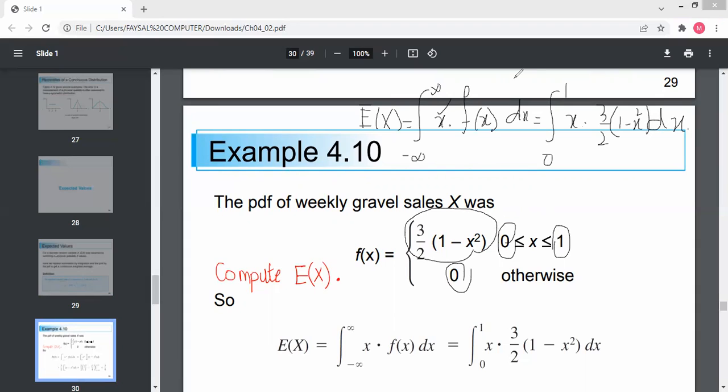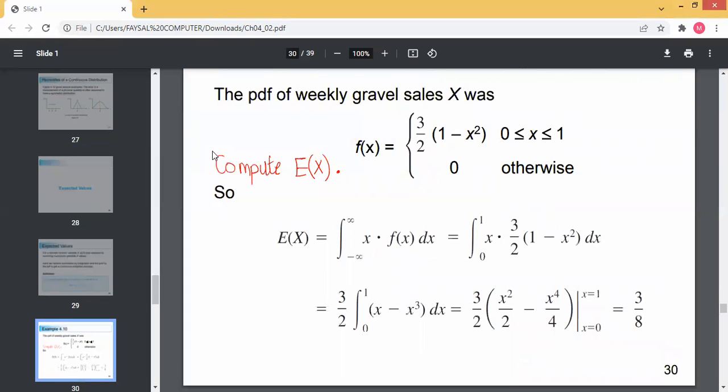So this is the method to represent my function in E of x, the expected mean value. Now 3 upon 2 is basically a constant, so I take 3 upon 2 in front and integrate x times (1 minus x square). First I multiply x with 1, so the answer is x, and x times x square is x cube.